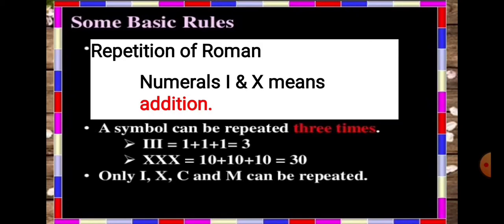So the Roman numeral is III. Let's move to another example. XXX is equal to 10 plus 10 plus 10, which equals 30. That means I and X can only be repeated thrice. Only I, X, C and M can be repeated.